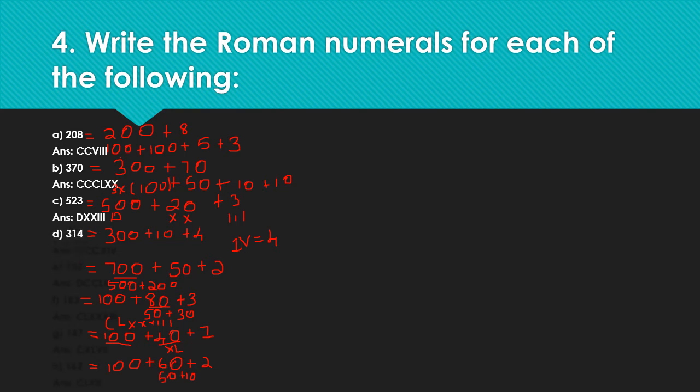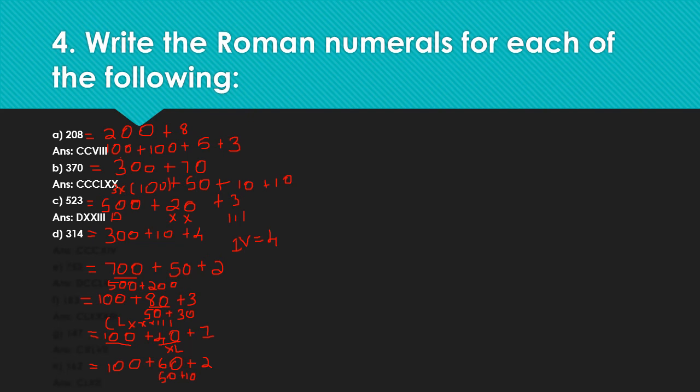Next problem, 314. So 314 you can split this number as 300 plus 10 plus 4. Now what will you get? 300 can be written as, you know the symbol for 100, so C you can write 3 times.